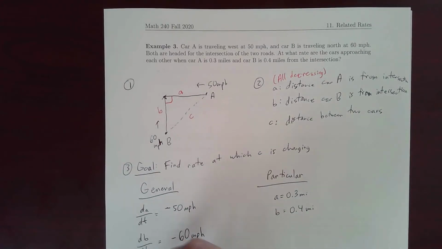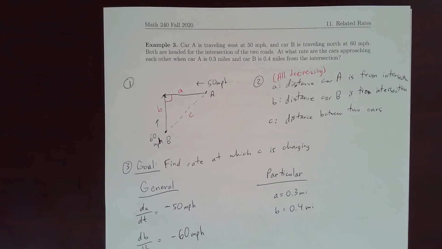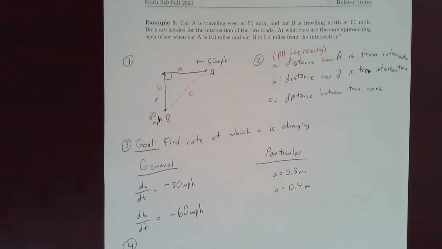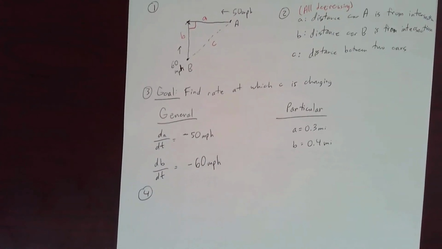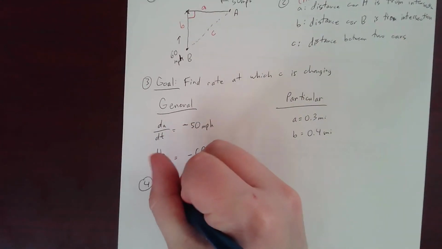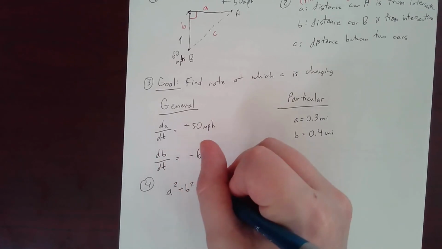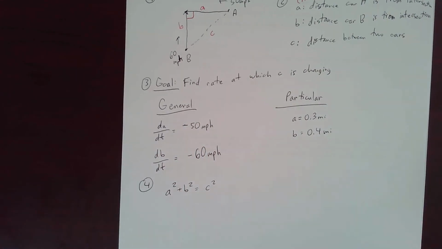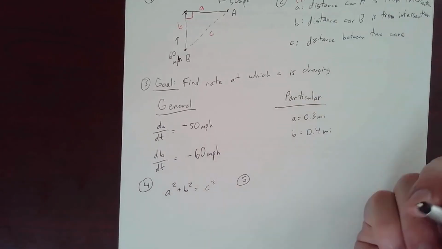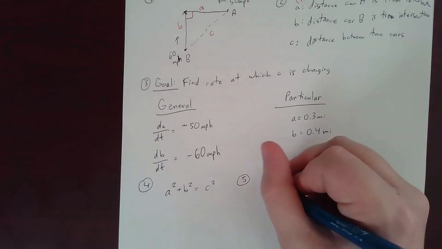So again, we now are going to need an equation to relate all of these. And so here we have a triangle, so again we'll take a squared plus b squared and set it equal to c squared. And our next step will be to differentiate on both sides.